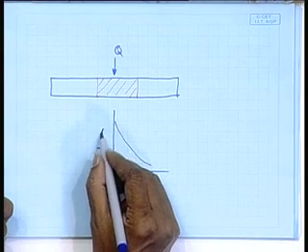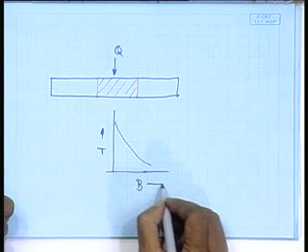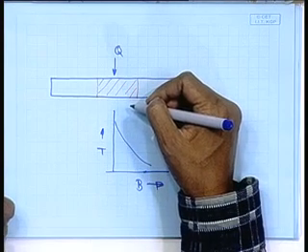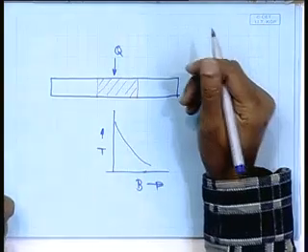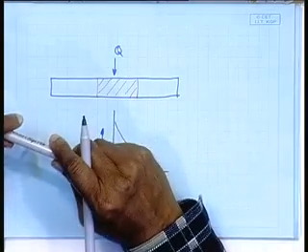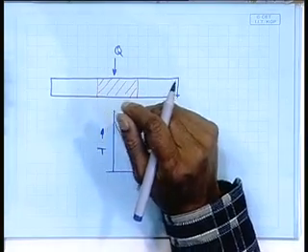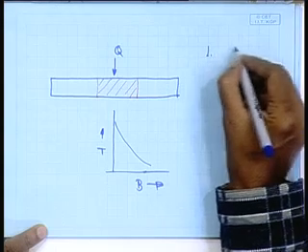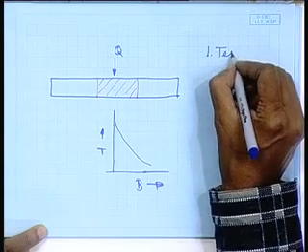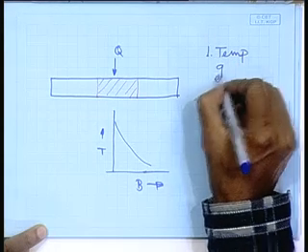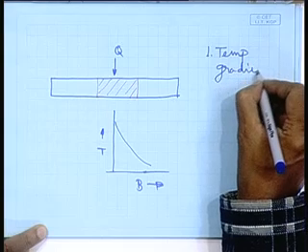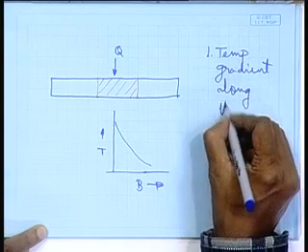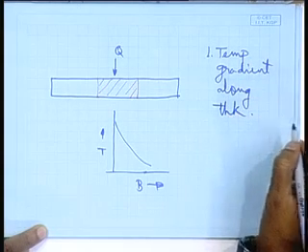as well as in the thickness direction also it will be decreasing. So, from this we are getting one aspect, that there will be a temperature gradient along thickness, right.